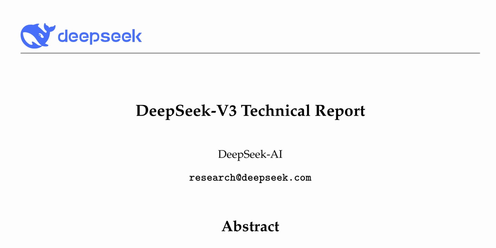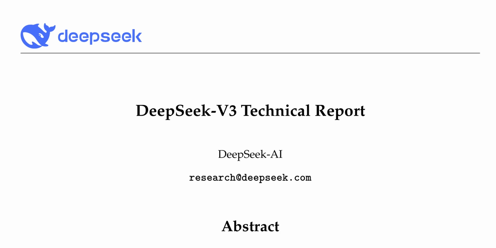Note that due to the changes in our evaluation framework over the past months, the performance of DeepSeek-V2-Base exhibits a slight difference from our previously reported results. Overall, DeepSeek-V3-Base comprehensively outperforms DeepSeek-V2-Base and Qwen2.5 72B Base, and surpasses LLaMA-3.1 405B Base in the majority of benchmarks, essentially becoming the strongest open-source model.